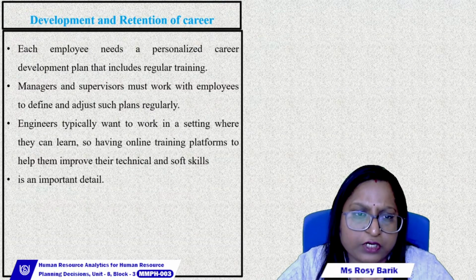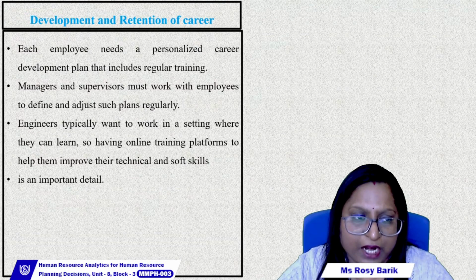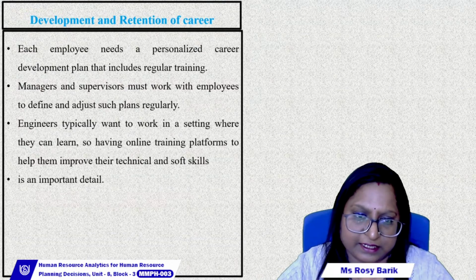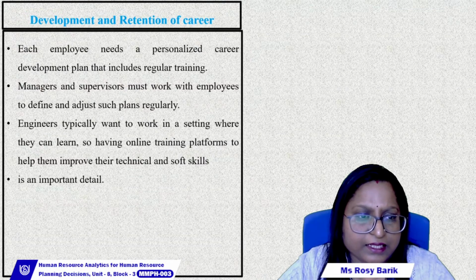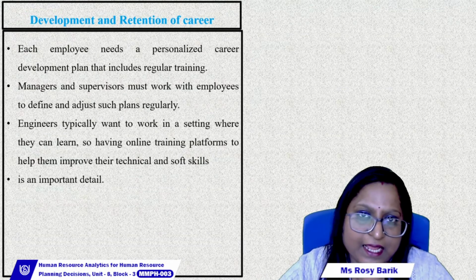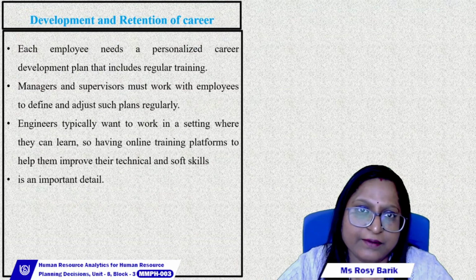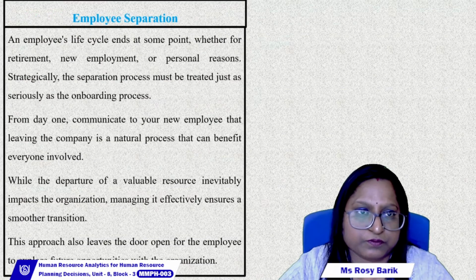Engineers typically want to work in a setting where they can learn, so having an online training platform helps them improve their technical and soft skills. In retention of career, they have to improve their technical as well as soft skill performance so that they are able to be retained in the particular organization.